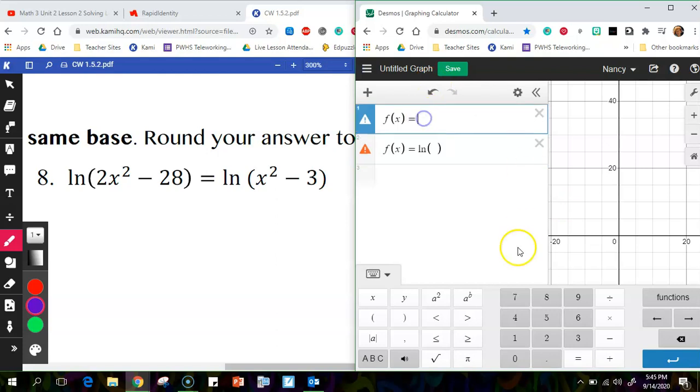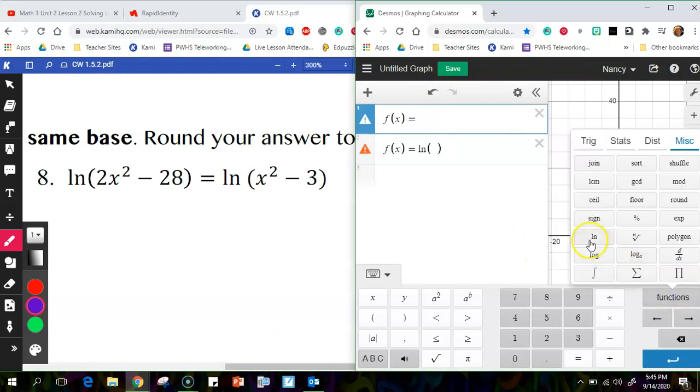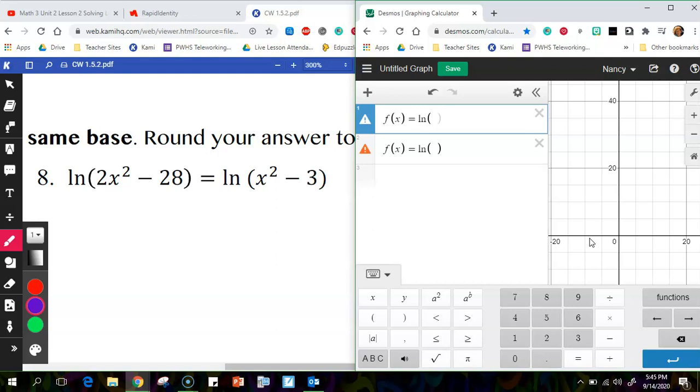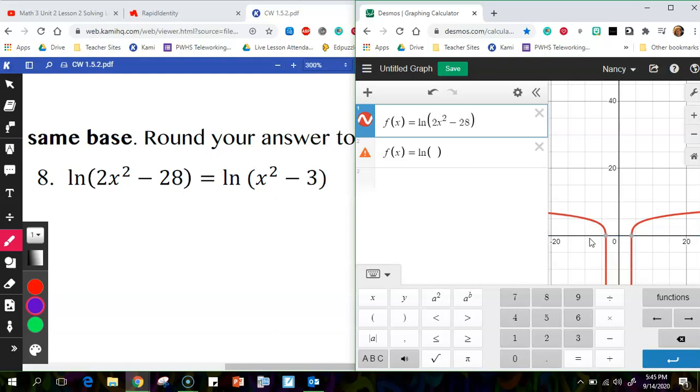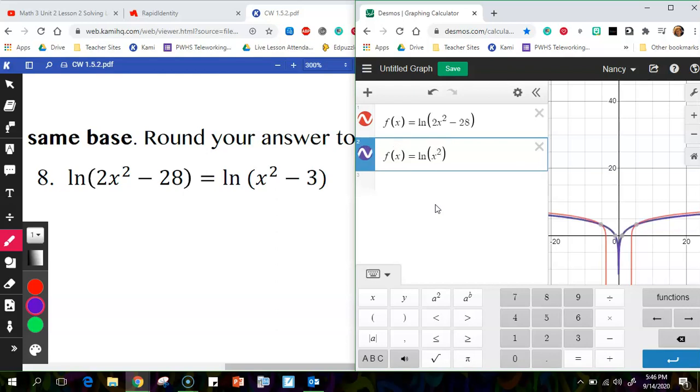Whoops, let me do it up here too. ln, parentheses, 2x. Now hit Shift 6 and the 2, and then tab to bring it back down. Minus 28, parentheses. See how this is weird looking, but it's okay. And the other side is ln, in parentheses, x, hit Shift 6, squared, hit tab, minus 3.